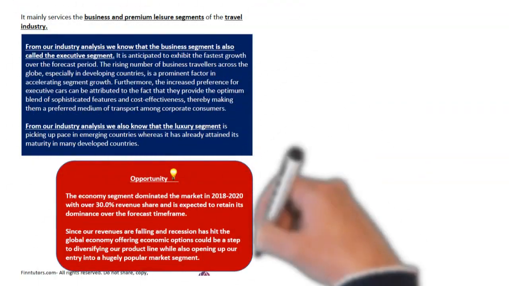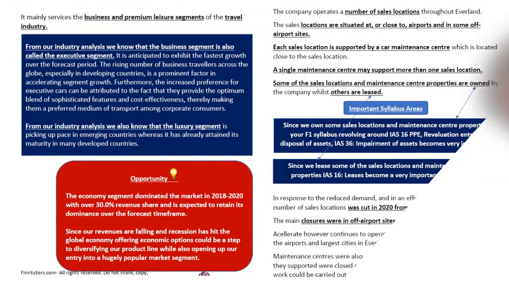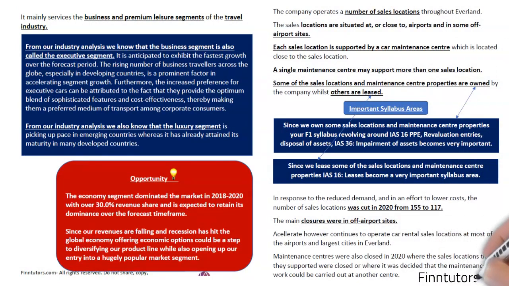Next, they say that it mainly services the business and premium leisure segments of the travel industry. So we are focusing on two main segments, the business segment and the premium leisure segments. From our industry analysis, we know that the business segment, also called the executive segment, is anticipated to exhibit the fastest growth over the coming years.